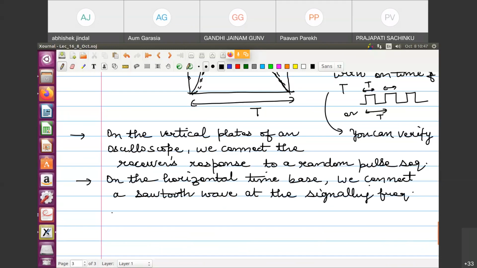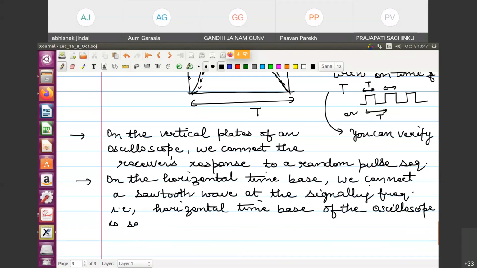The horizontal time base of the oscilloscope is set equal to the symbol duration, we can say pulse duration.